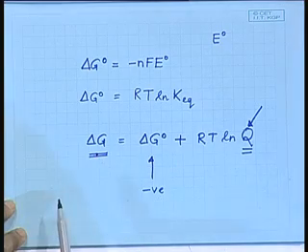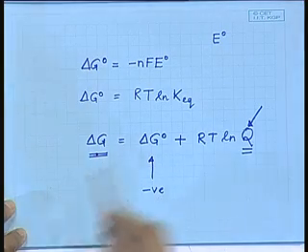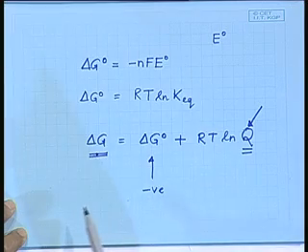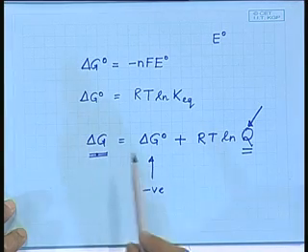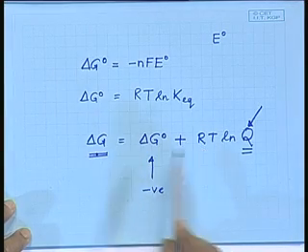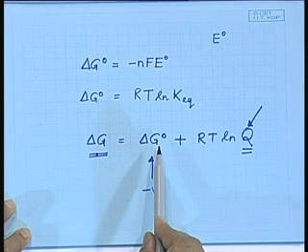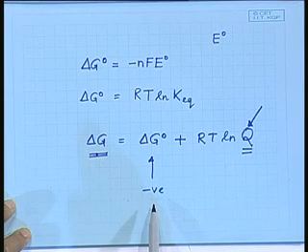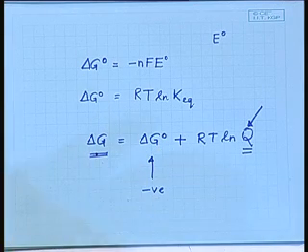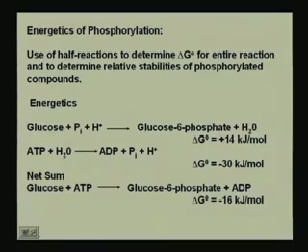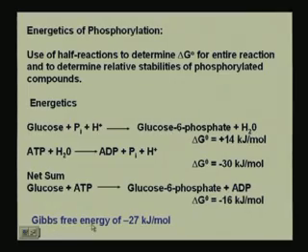Okay. This is what happens in most biological reactions. The product concentrations are pretty low, making the reaction spontaneous because your delta G0 of the coupled reaction is negative. So, the concentration of glucose 6-phosphate in this particular reaction is low, and the overall Gibbs free energy that you get is minus 27 kilojoules per mole.